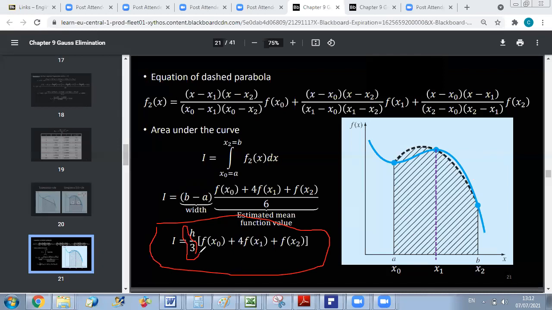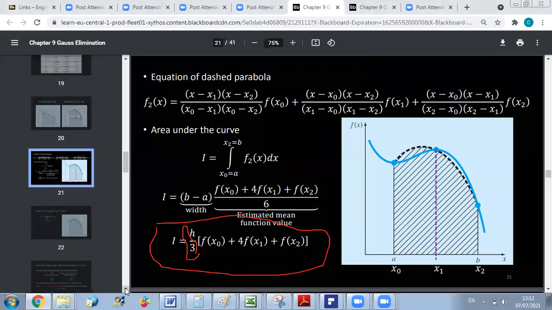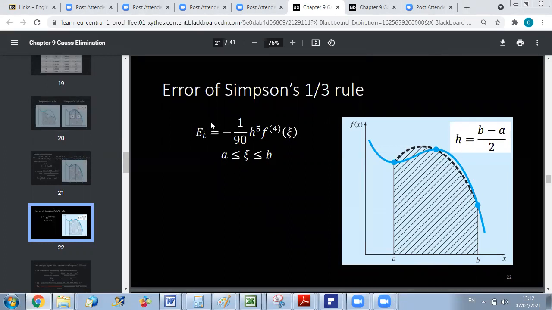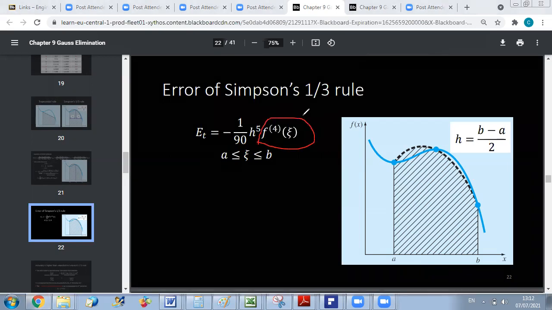Okay, so we will see that this method represents a very high advantage, and we will see this by looking at the equation of the error. The equation of the error for Simpson's 1/3 rule, the true error, is minus 1 over 90 h to the power 5 times f to the power 4 of psi. So here the order of derivative is fourth order, not 3.